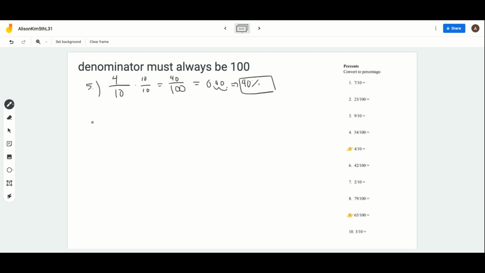And for number 9, it gave us 65 over 100. And already this is over 100, so we're just going to make it into its decimal form, which would be 0.65, because it's in the hundredths place, and we're going to move this decimal point to the right twice. So 1, 2, and the percentage will be 65%.